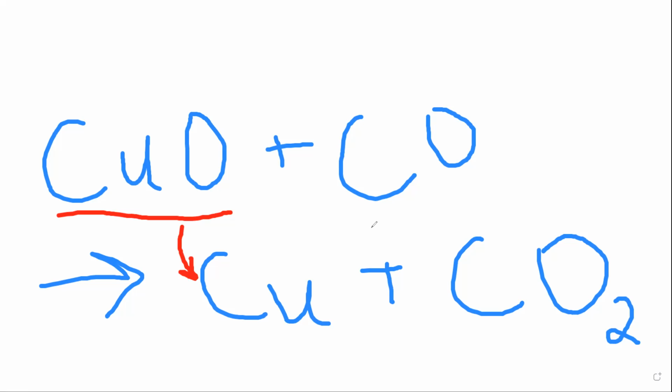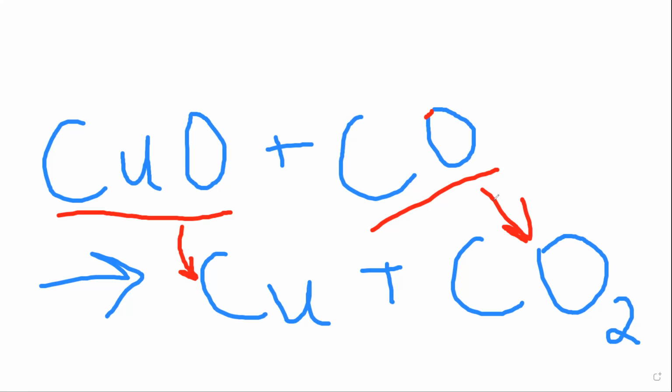But this carbon monoxide gains an oxygen atom, because initially it had one oxygen, but after the reaction it had two oxygen atoms. So this carbon monoxide is oxidized.